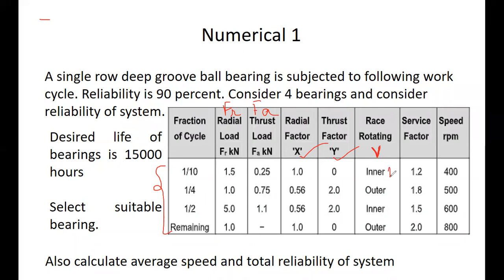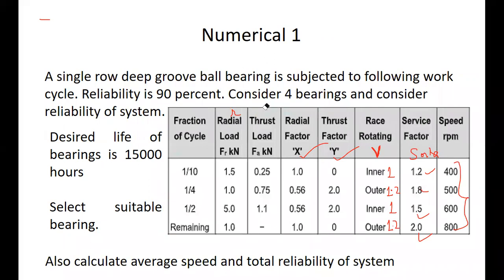Wherever there is inner race rotating, we will take 1. Outer race rotating, we will take 1.2. Service factor S or KA is 1.2, 1.8, 1.5, 2. And speed N in RPM is given.